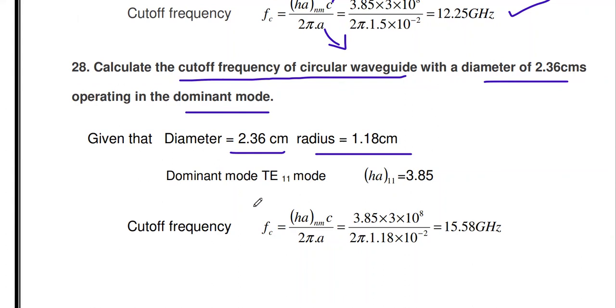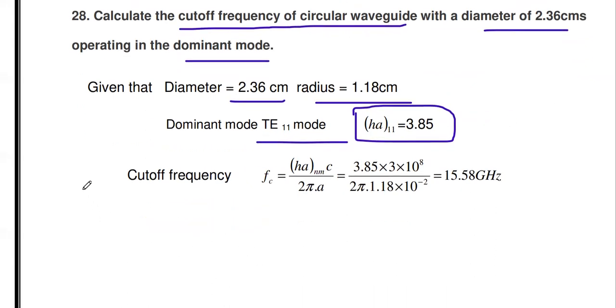In circular waveguide, TE11 is the dominant mode, so note down the h'11 value, 3.85. Then take the cutoff frequency formula for circular waveguide, h'11 c by 2 pi a. So 3.85 into 3 into 10 to the power 8 divided by 2 pi into a. Radius is 1.18 centimeter. You just calculate, and you get 15.58 gigahertz.